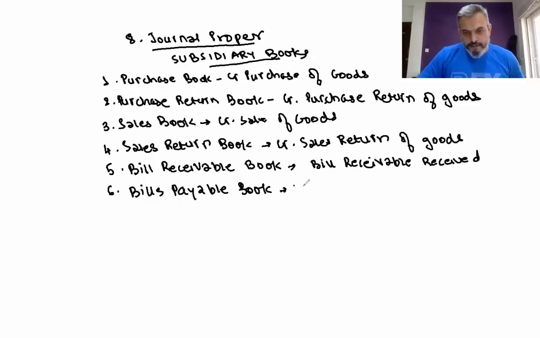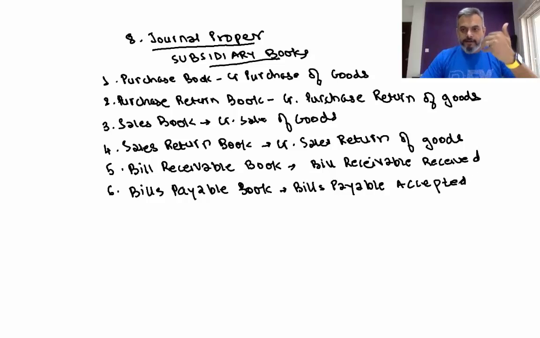This is for bill payable accepted, meaning we signed and gave that we will pay after so and so duration. So that is bills payable book. We record only bills payable accepted.